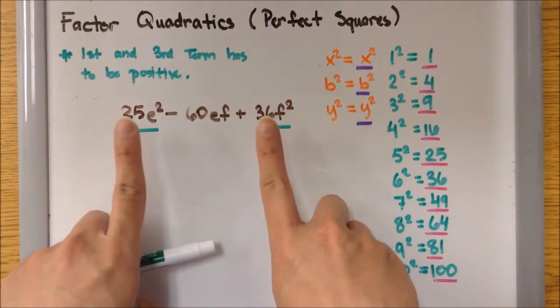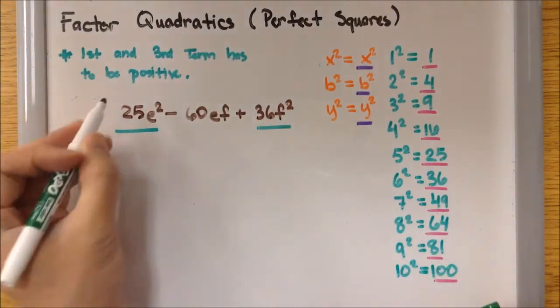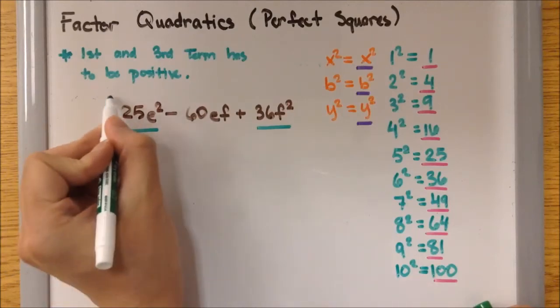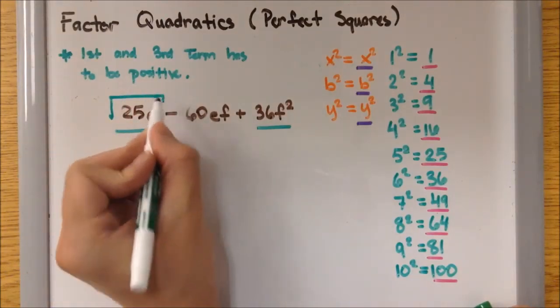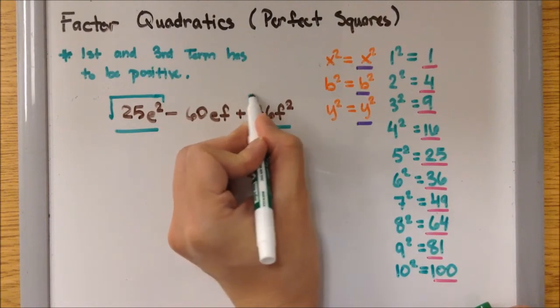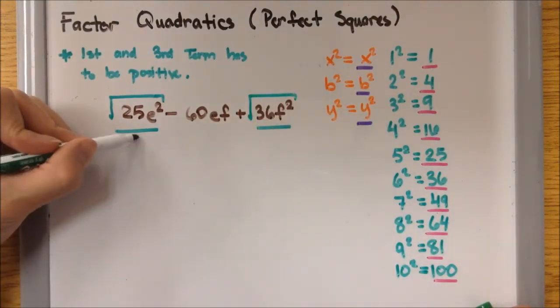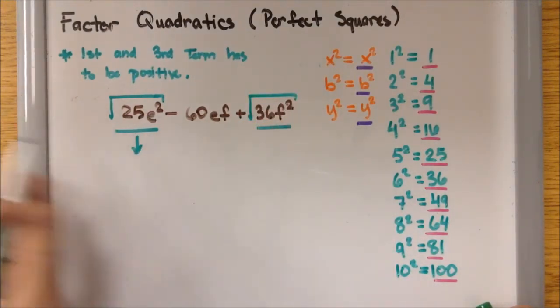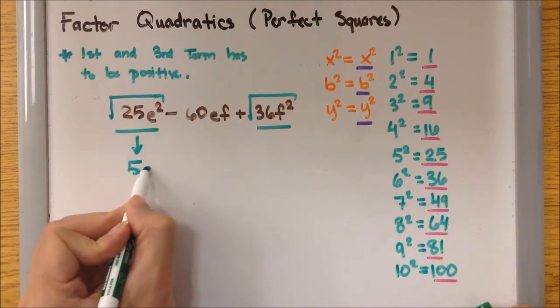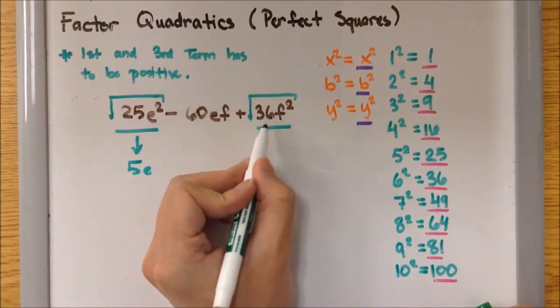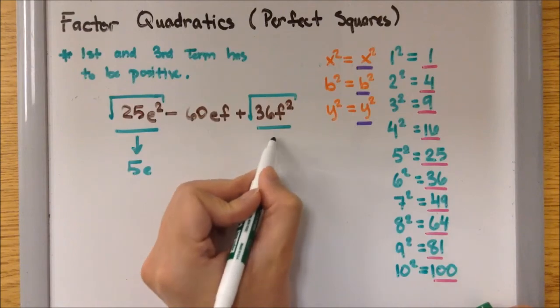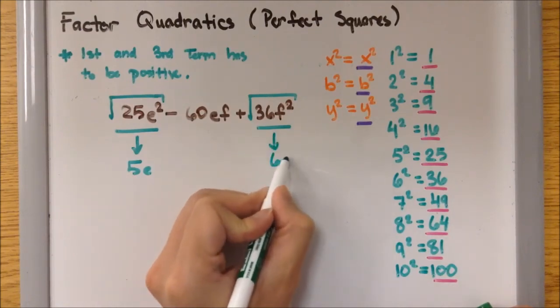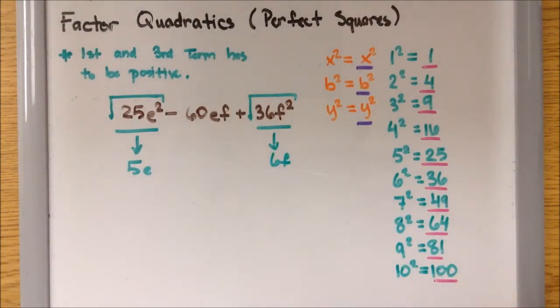So positive perfect squares, we're good to go. The square root of the first one, square root of the third. The square root of 25e squared will be 5e. The square root of 36f squared will be 6f. Let's check the middle term.